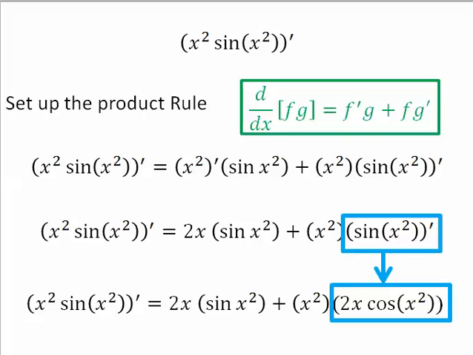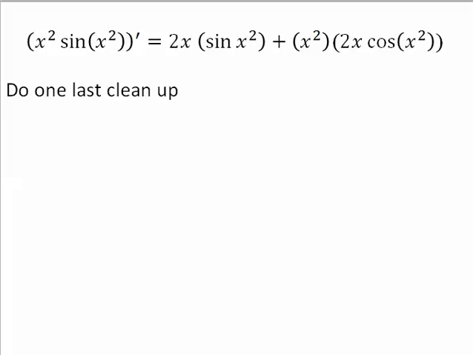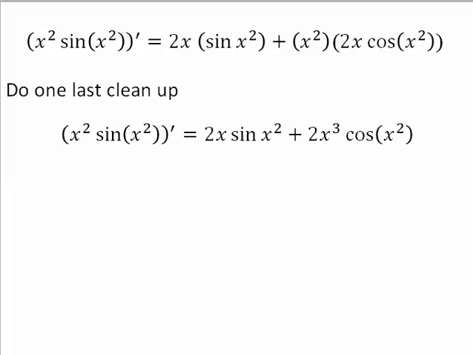All right, now we need to clean this up just a little bit more before we put it back into our second derivative equation. So let's just do one last cleanup. Distributing, or not really distributing, but multiplying by 2x and then multiplying by x squared, this is what I get.